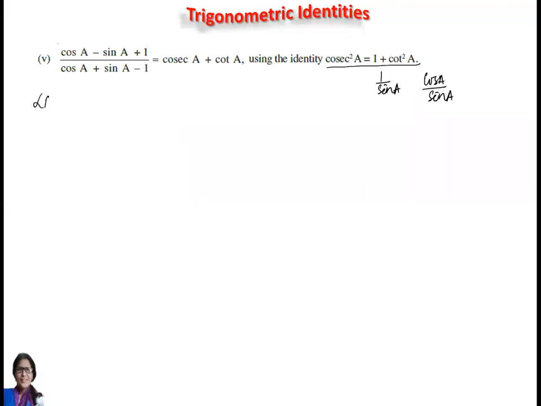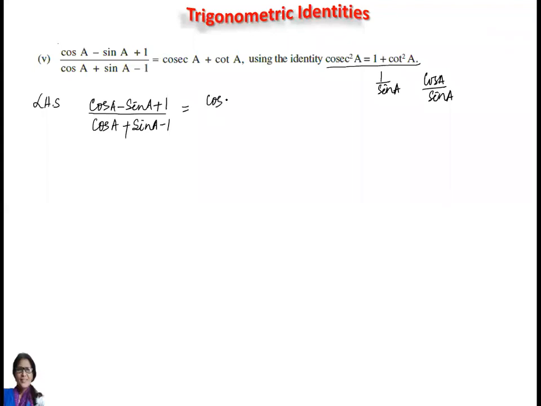So LHS is equal to (cos A minus sin A plus 1) upon (cos A plus sin A minus 1). This was given. I'll convert this into cosec and cot. So throughout I am dividing with sin A, because cos A divides sin A, I'll get cot.